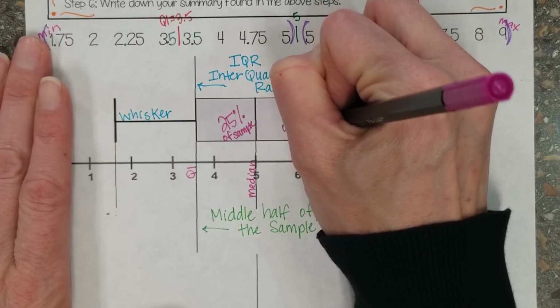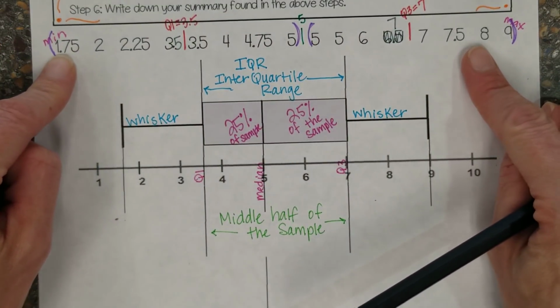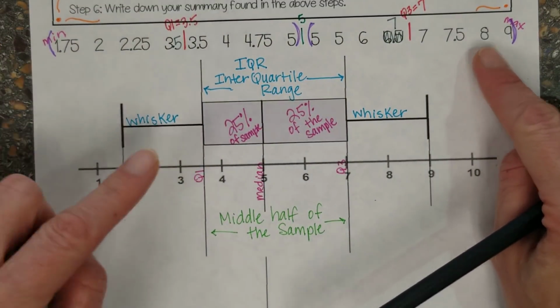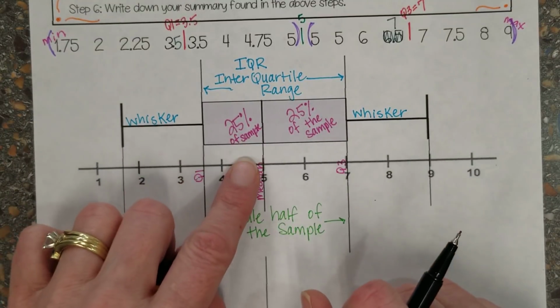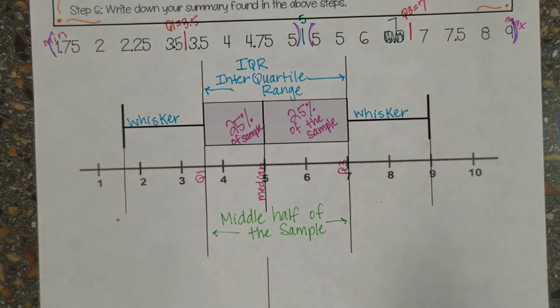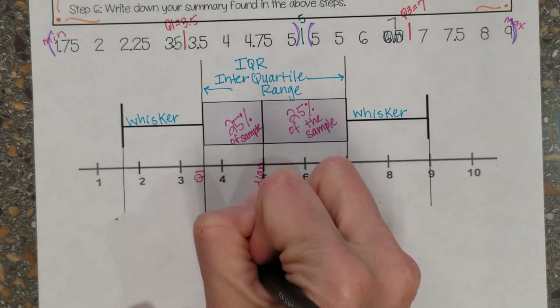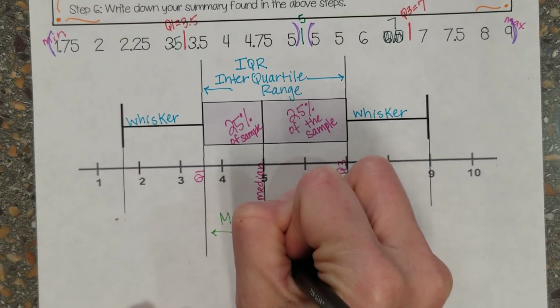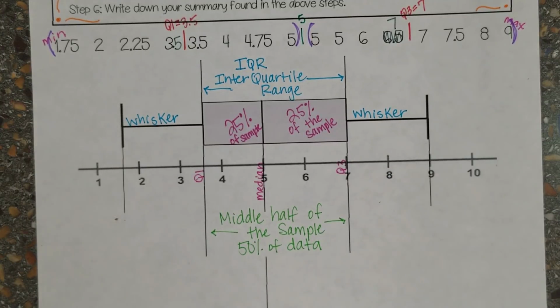Meaning that if these numbers represented scores that we'd gotten like on an assignment or something, 25% of the students would have fallen in between Q1 and the median, and another 25% would fall between the median and Q3. Okay, so together, the middle half of the sample represents 50% of our data, or the sample. Okay?